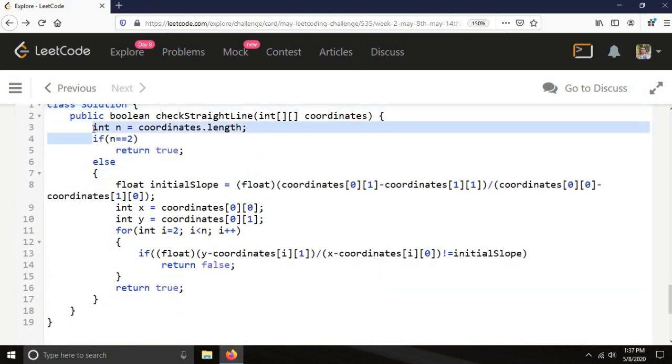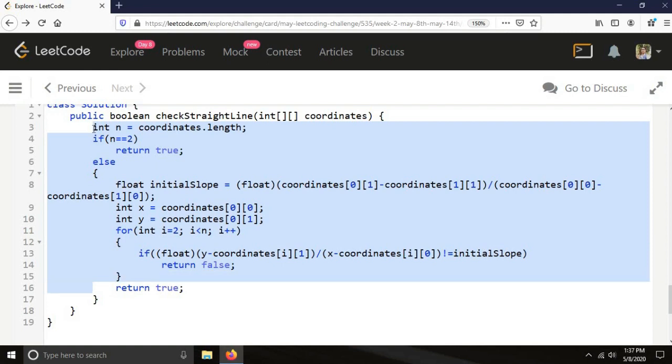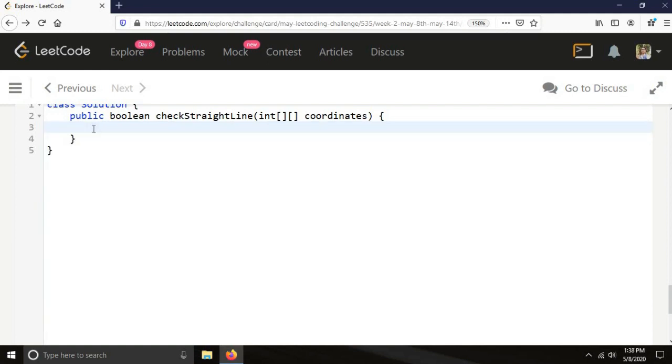So let's code. Firstly I will remove this code for your convenience and make you understand line by line. We are creating a variable to store the length of the coordinates array. After that I am checking the initial slope first.